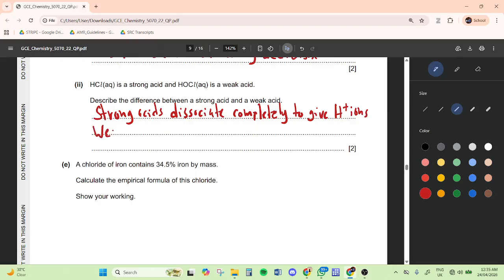Weak acids dissociate partially to give H plus ions. So as long as you write that, you get the 2 marks.